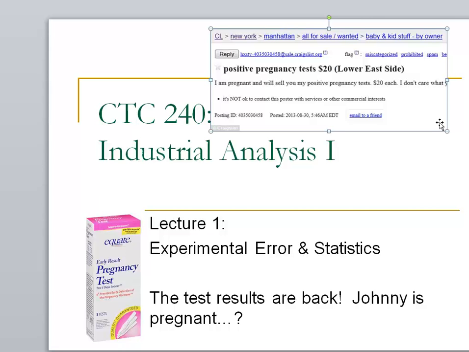It's none of my business. I just want you to show up, give me $20, I'll pee on a stick and I'll give it to you, and I'll make some money. Some people. But, you know, this person probably made a killing off a positive pregnancy test. I don't know. Maybe I'm in the wrong business. Maybe you are too. Maybe we all should be selling pregnancy tests like this. Who knows? We could probably go on vacation with it.